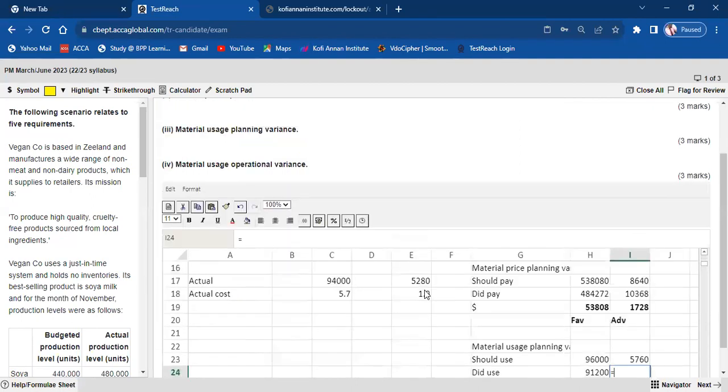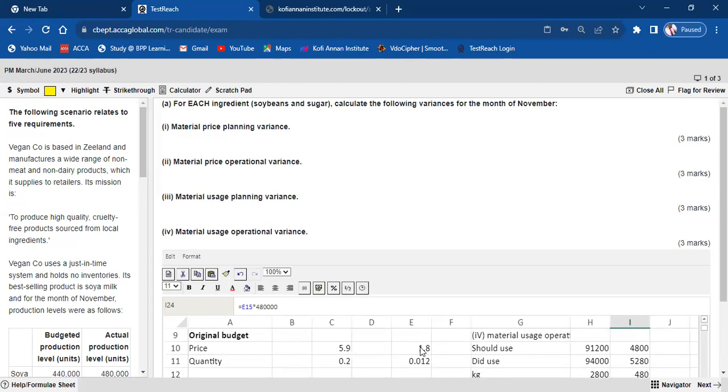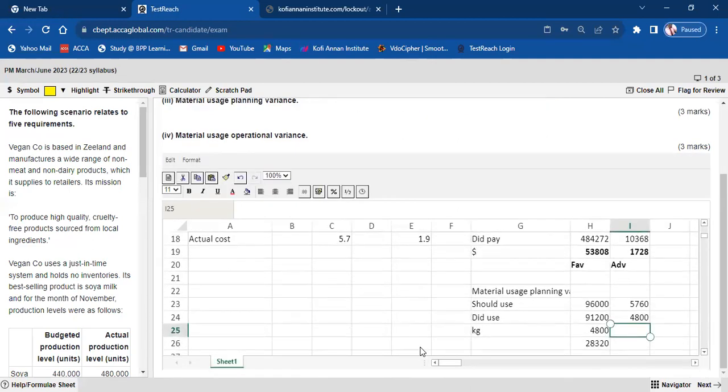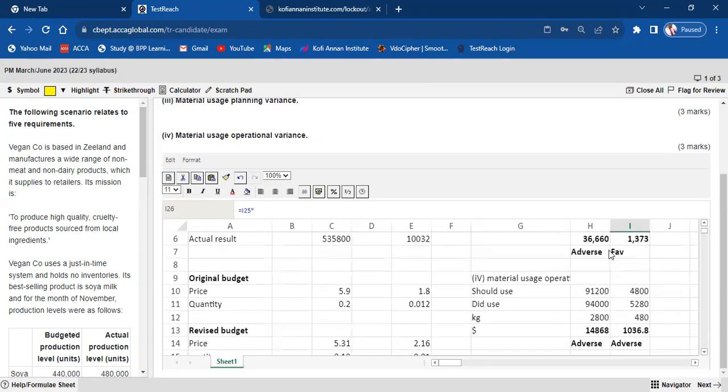But we did use, revised, 0.01 to produce each of the 480,000. In terms of kilograms, we have used bigger minus smaller. We have used less than we should have used. The valuation is those kilograms times the original budgeted price, 1.8.